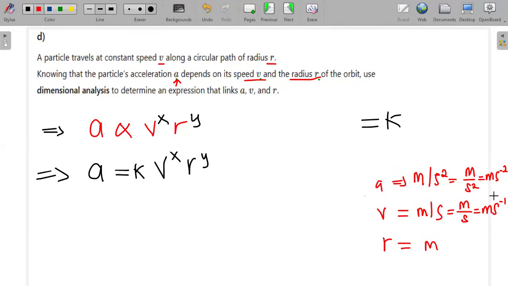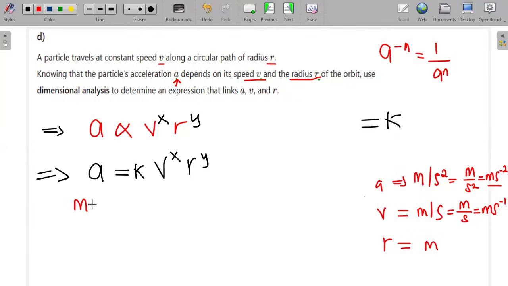We are using the properties of indices, or exponentials, where we said if I have A to the power minus N, this is the same as 1 divided by A to the positive power. So there we had S to the power 2 in the denominator, which means it's the same as S to the power minus 2 in the numerator.